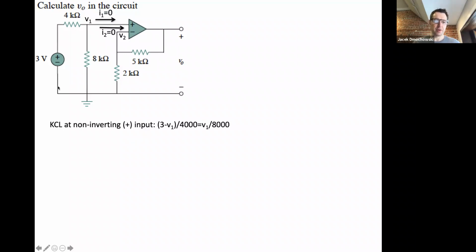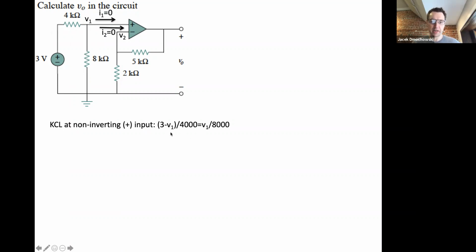We have 3 minus V1 over 4,000 is equal to V1 over 8,000. What this equation is saying is that the current flowing along here has to be equal to the current flowing down here.